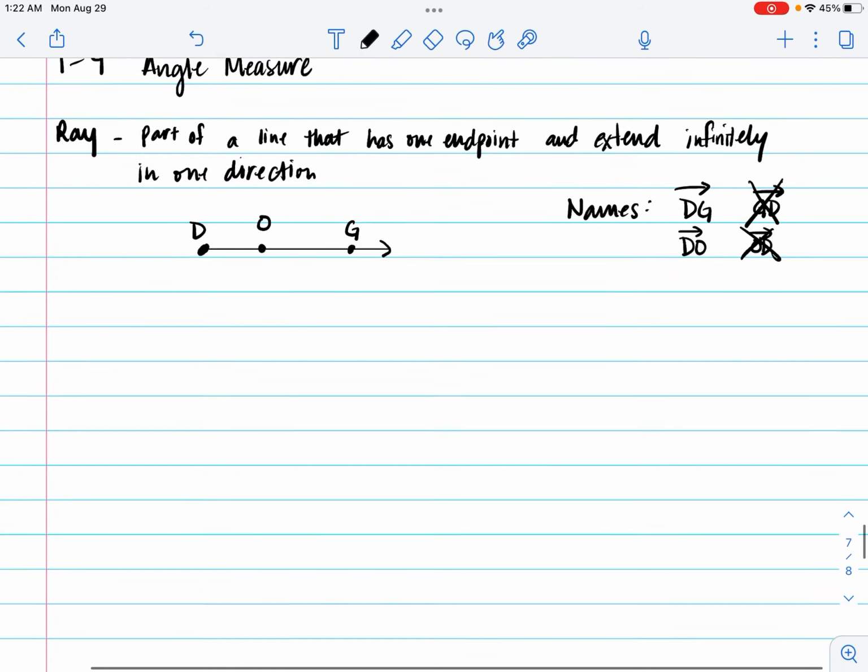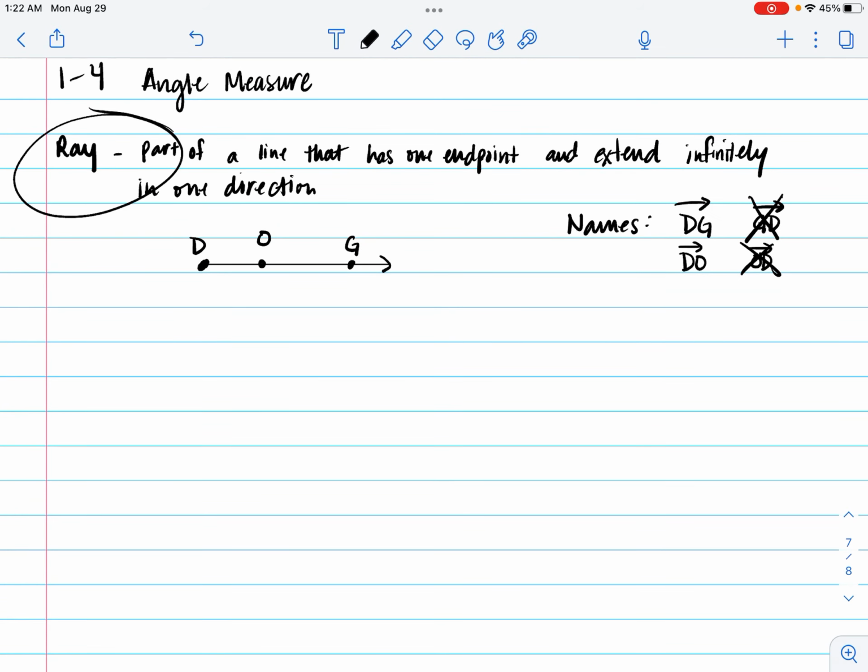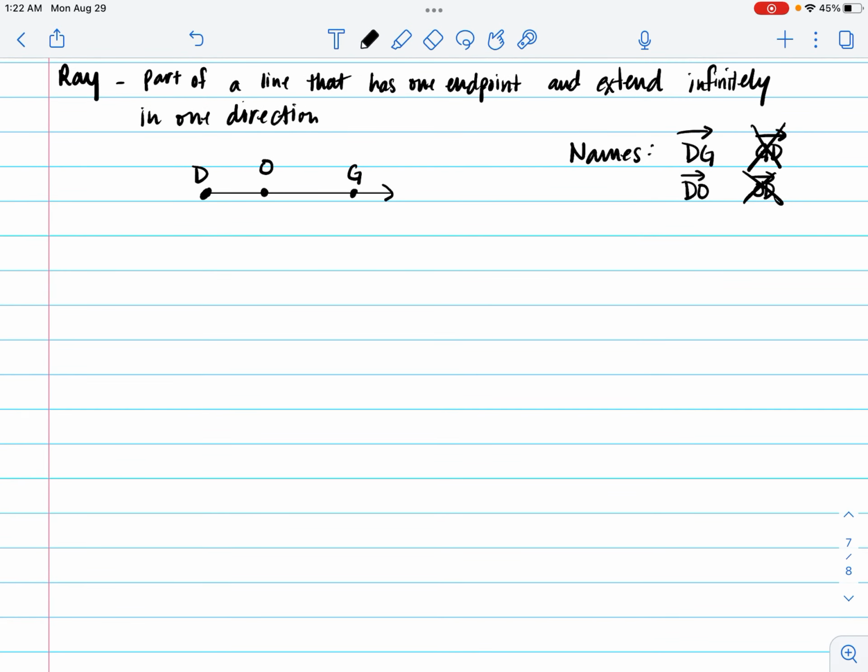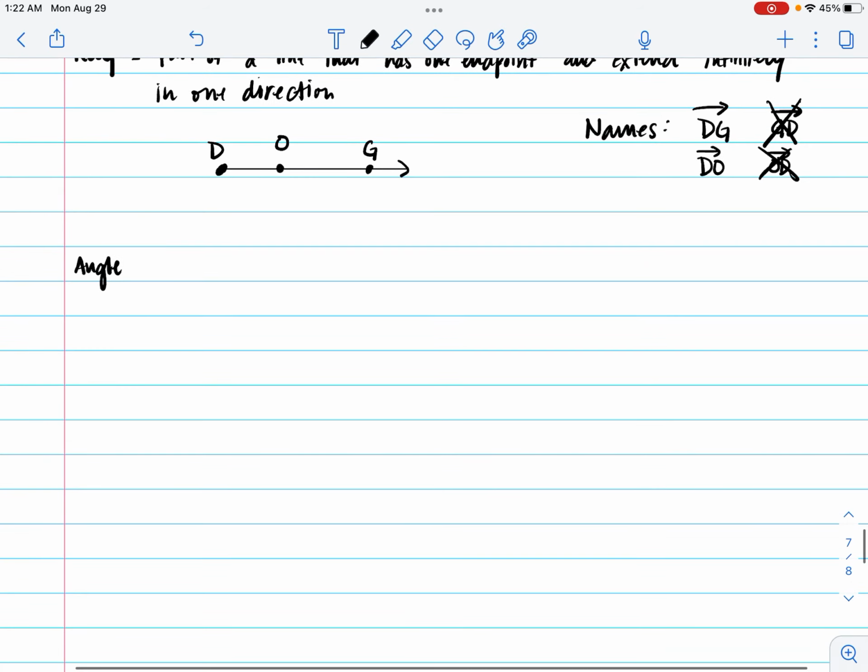Now a ray doesn't have any angle, but an angle uses a combination of rays in order to create an angle.